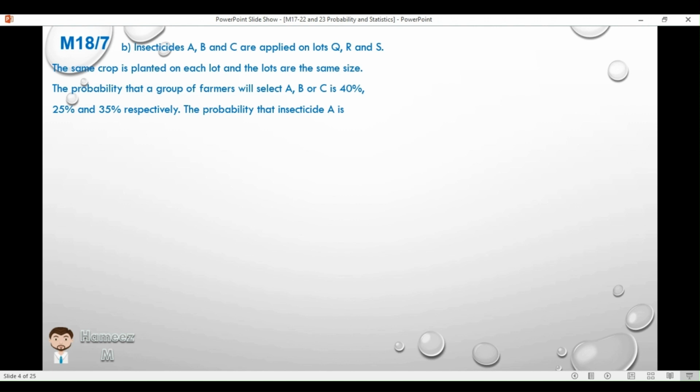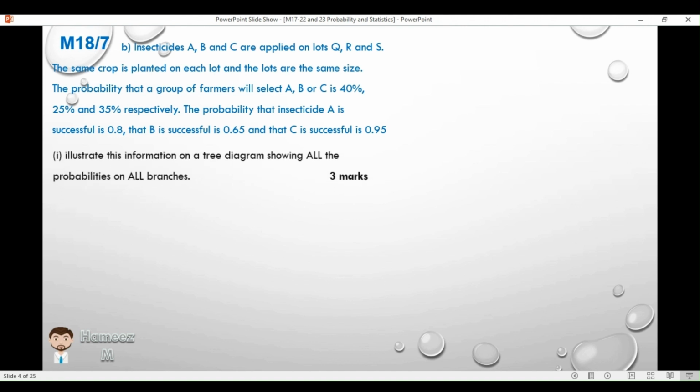The probability that insecticide A is successful is 0.8, that B is successful is 0.65, and that C is successful is 0.95. Part 1. Illustrate this information on a tree diagram showing all the probabilities on all branches.